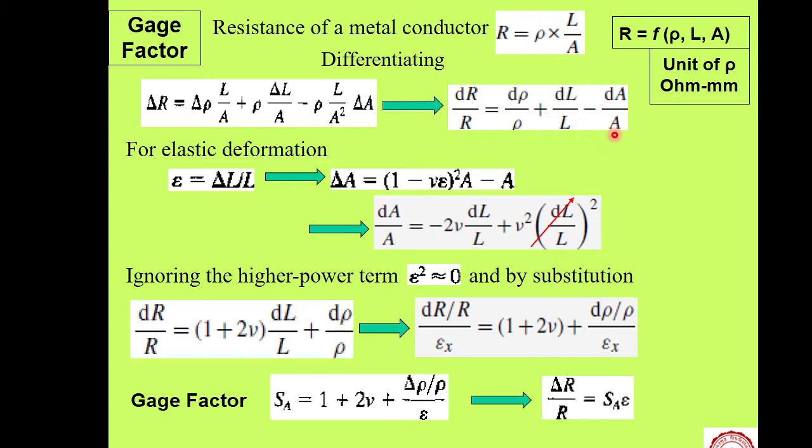Now this is what we have observed. Let us make another observation. This strain is delta L by L, right? And then what about the cross-sectional area? Area is something which is a square of the lateral dimension.